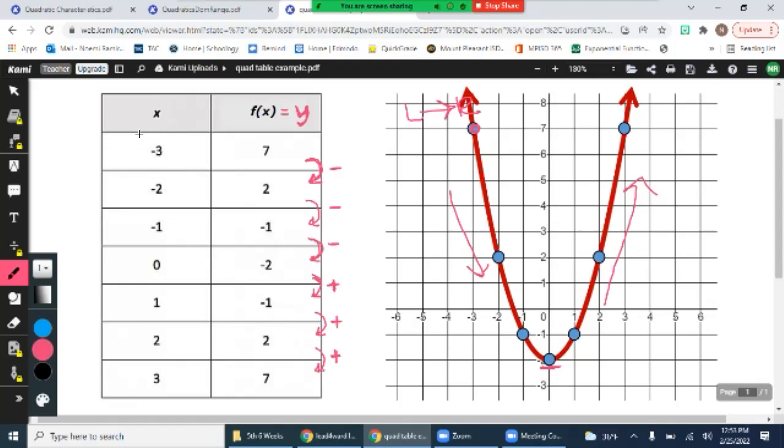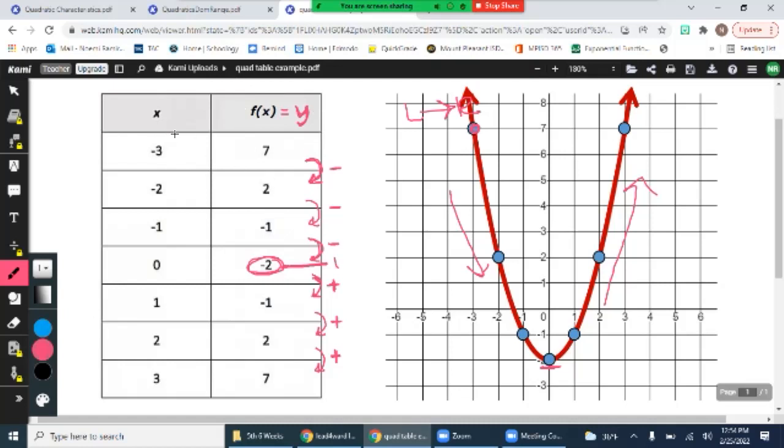So this -2 is representing, since it's going down and then goes back up, it represents our what? Our high point. If it goes down and then back up, down to the bottom, down in the valley, it is a what?